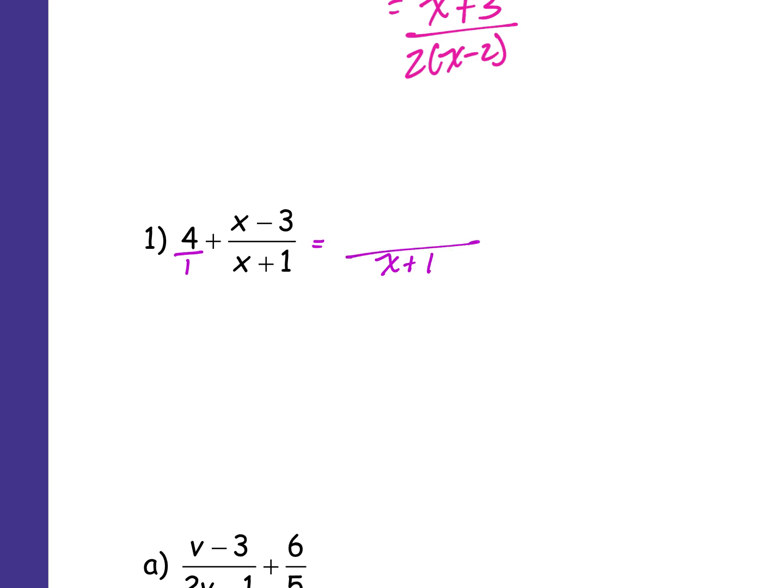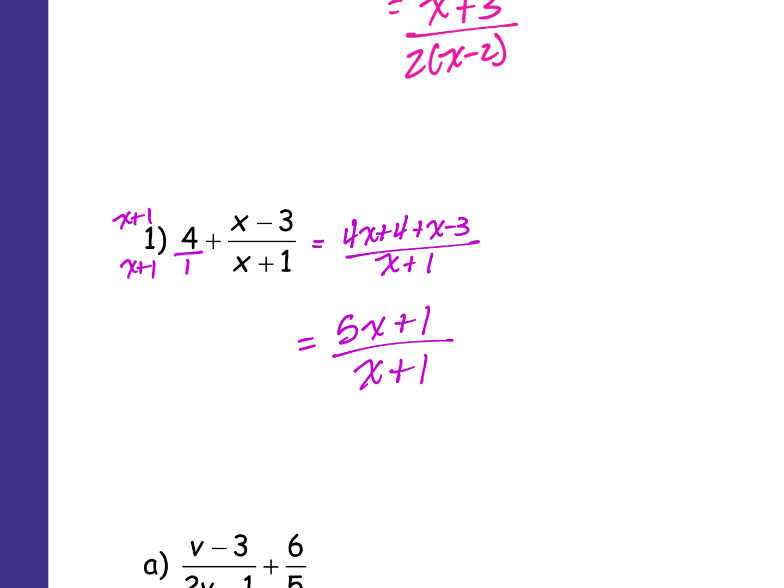So this first fraction needs an x plus 1 in it. So I distribute the 4 through there, and I'm going to get 4x plus 4 plus x minus 3. And I should get 5x plus 1 over x plus 1.